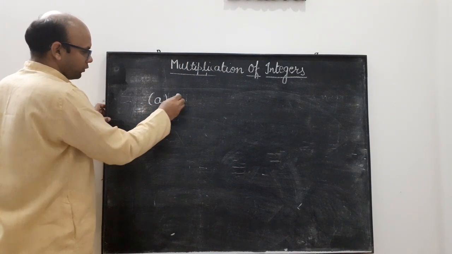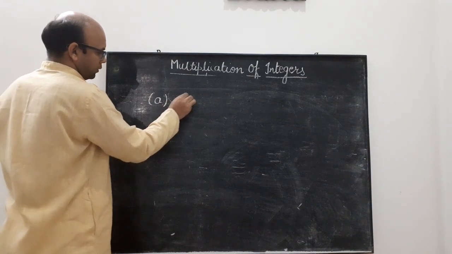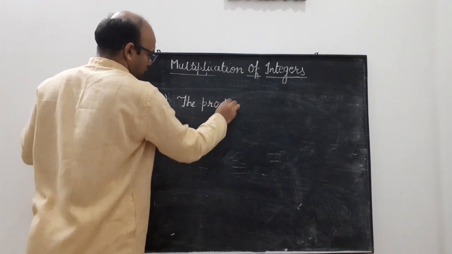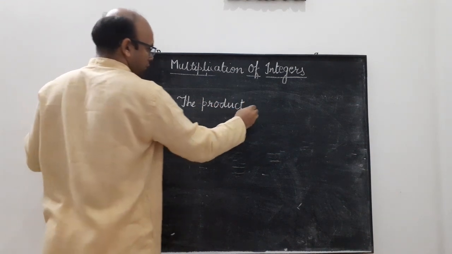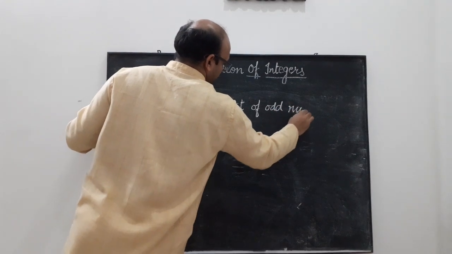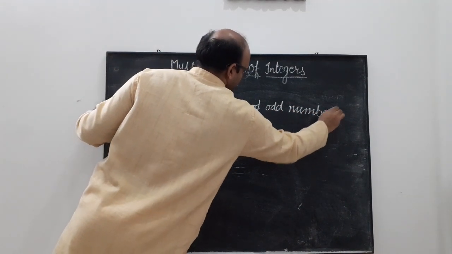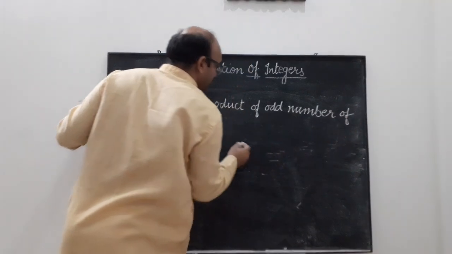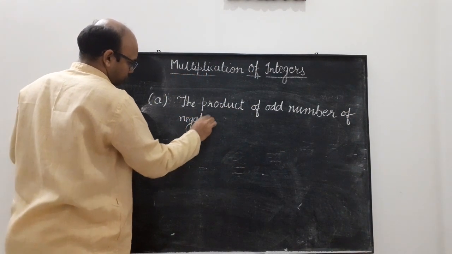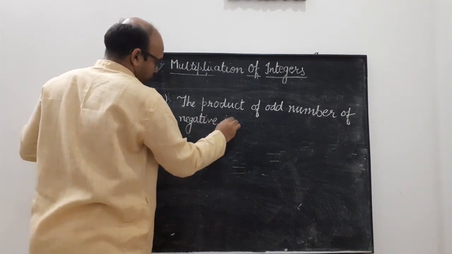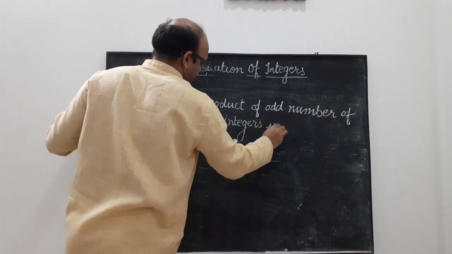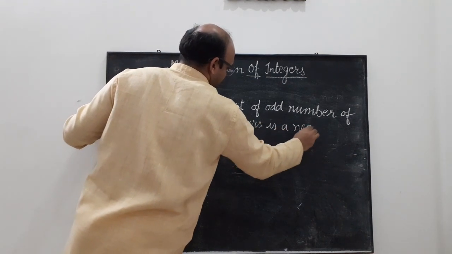The two things we can conclude are: first, the product of an odd number of negative integers is a negative integer.